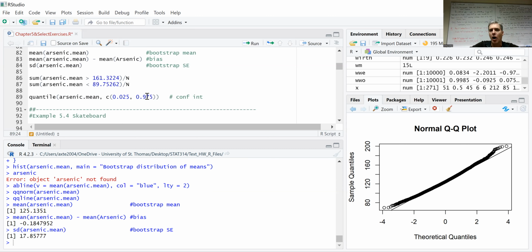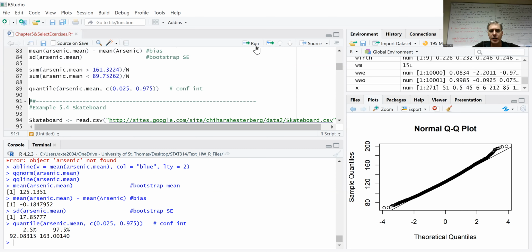Okay, so R is going to grab the middle 95 quantile of that distribution. And I get between 92.1 and 163, which is slightly different than I had on the board, but pretty close. Okay, and so that would be another 95% bootstrap confidence interval.